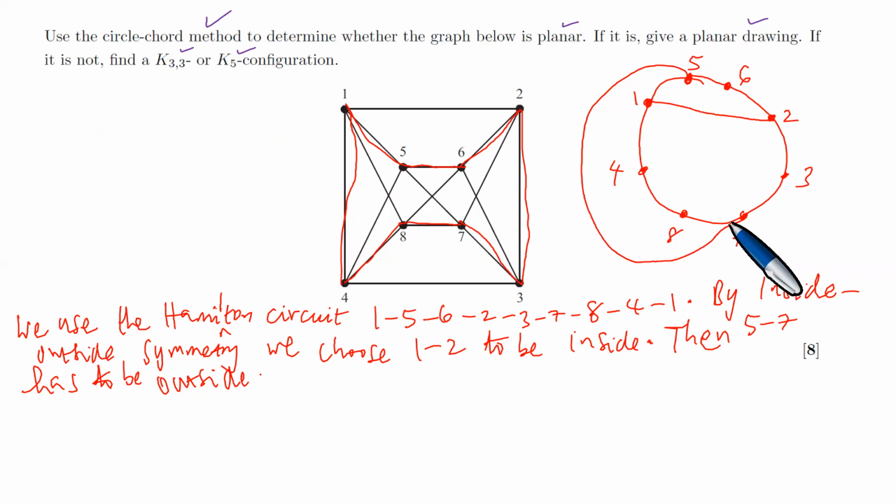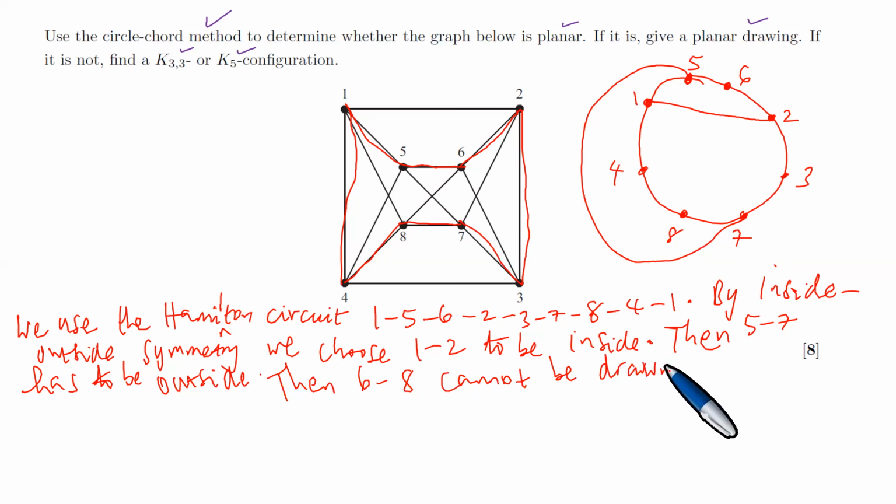Then 6, 8. Now we look at 6, 8. Where is 6, 8? Then 6, 8 cannot be drawn.